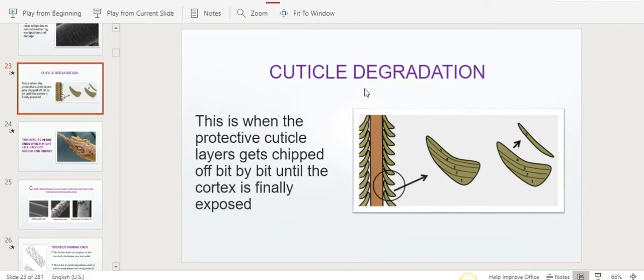In this image that I got from naturalhaven.com, she has this diagram here. So this is the cortex, the brown part. The outside, that's the cuticle layers. And here you can see the multiple layers of the cuticles.